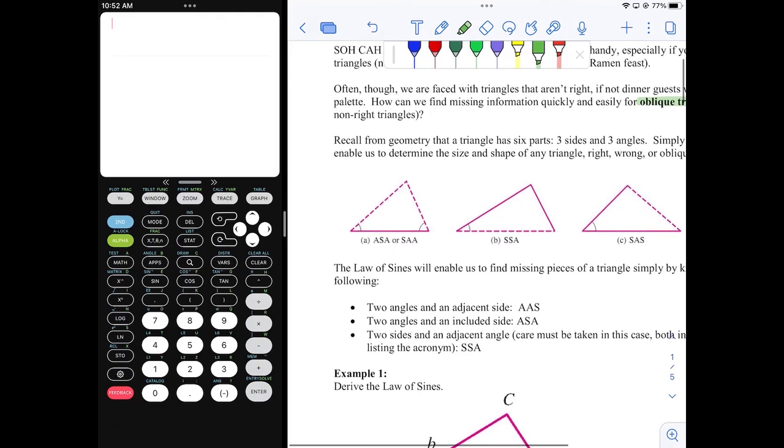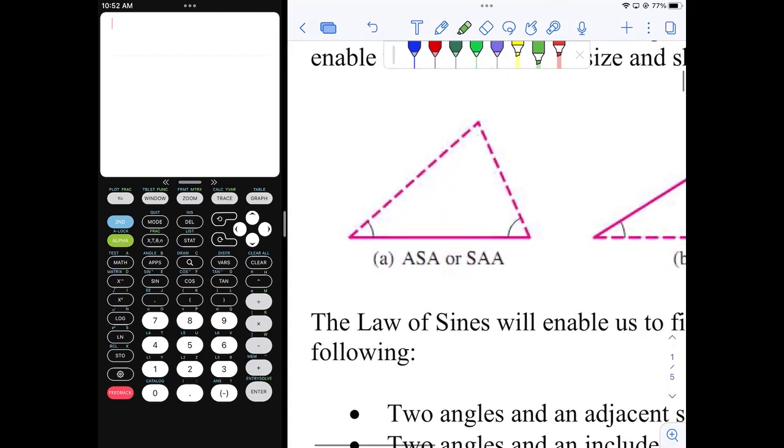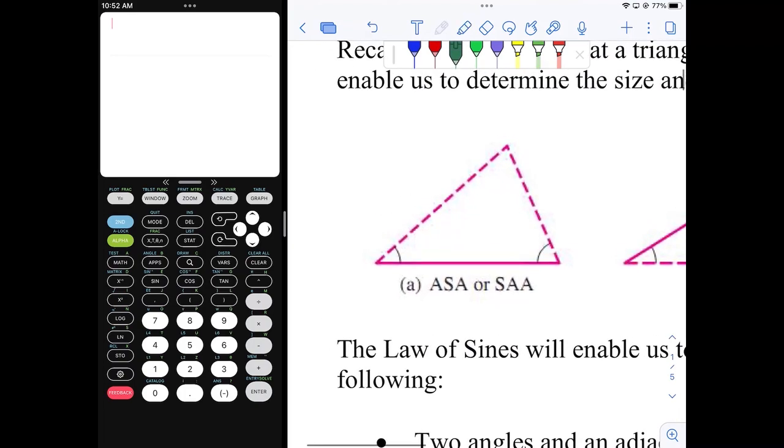Now, if you remember from geometry, you had some cases, three pieces of information given to you, and you're trying to figure out, does that even make a triangle? And if so, what kind of triangle? A triangle itself has 6 parts. Triangles have 6 parts.